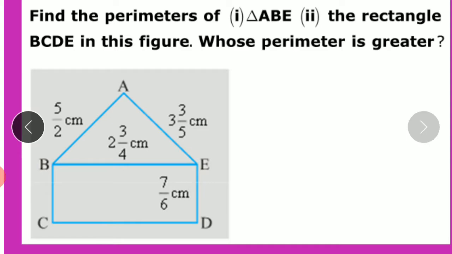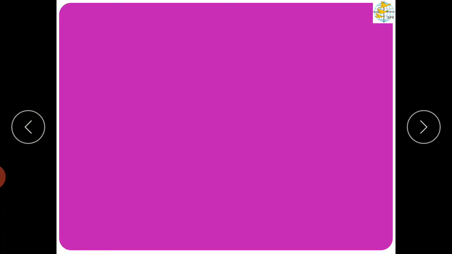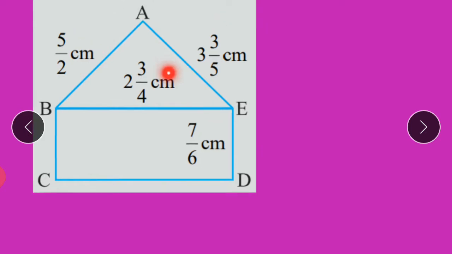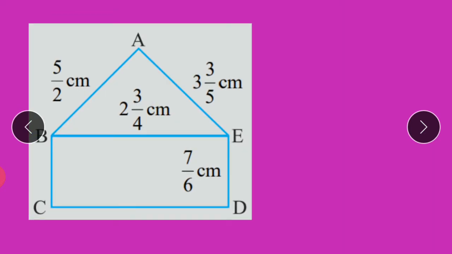So first let's see the perimeter of triangle ABE. Perimeter means what? Sum of all sides, that is the total length of a boundary. So here in the triangle we are going to add all the sides, that is called perimeter.